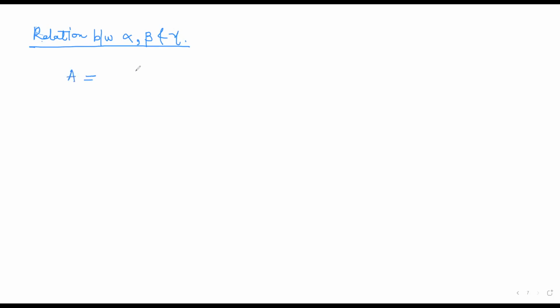What is area? Area has 2 dimensions of length. Yes or no? Volume has 3 dimensions of length, right? So ln of A is equal to 2 ln of L. And ln of V is equal to 3 ln of L, right?